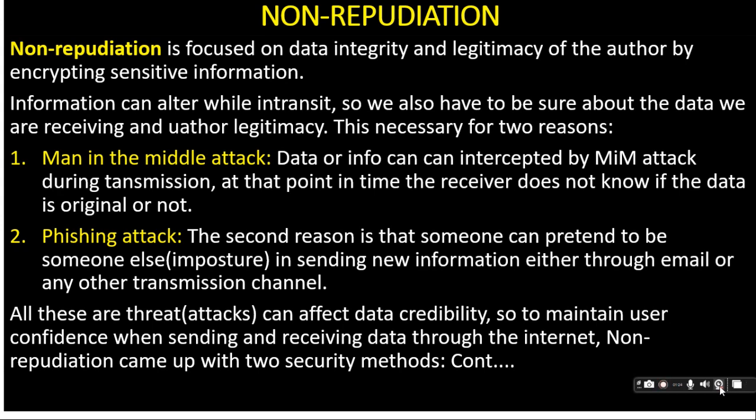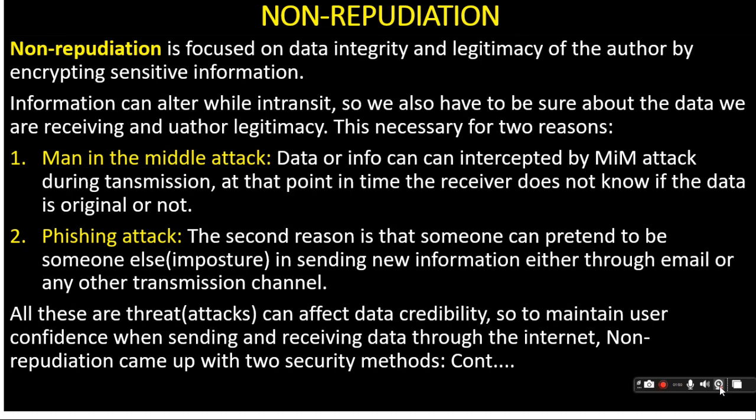By non-repudiation mechanisms or techniques, it focuses on data integrity and the legitimacy of the author by encrypting this information before sending it across, because information can be altered while in transit. So we also have to be sure about the data we are receiving and author legitimacy.